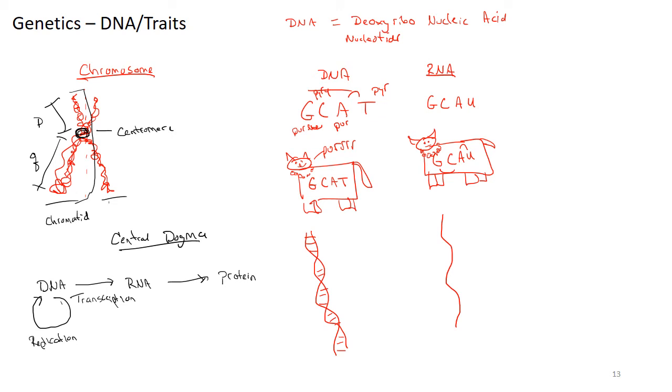It's a fun word. I don't know what it means, but that's a good one. But transcription. And then when we turn RNA to proteins, we call that translation. Okay? And we'll dive deeper into those later in the review. But for now, you should just be aware the central dogma is how we move things.